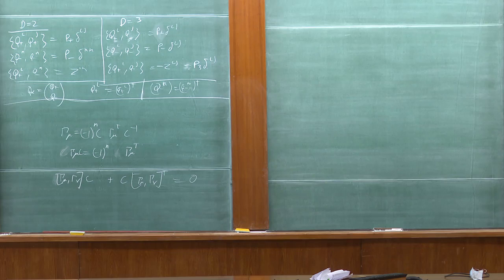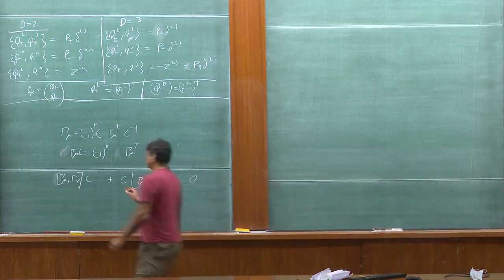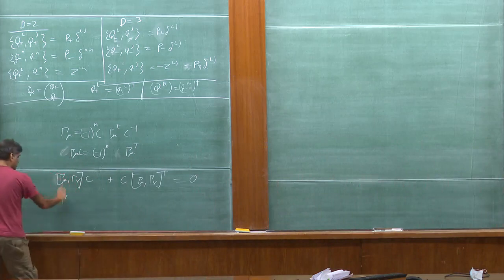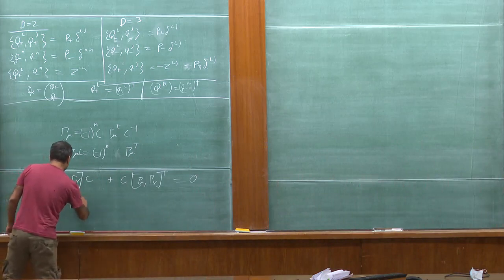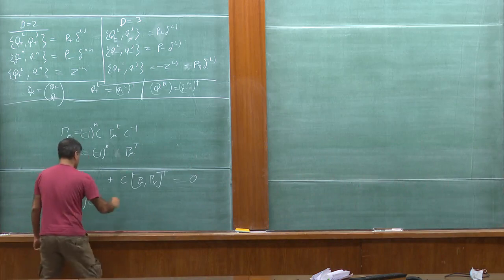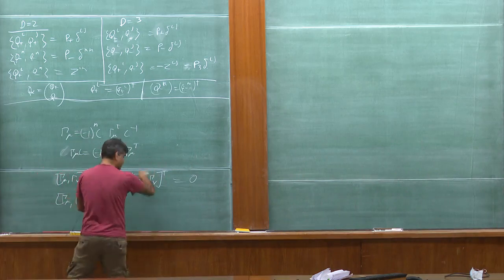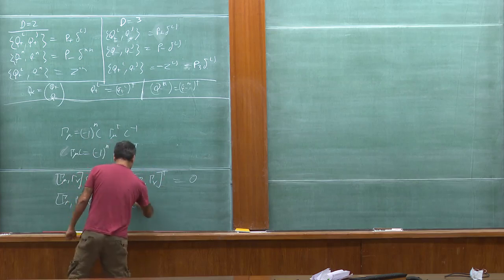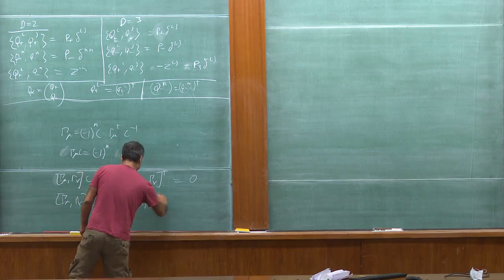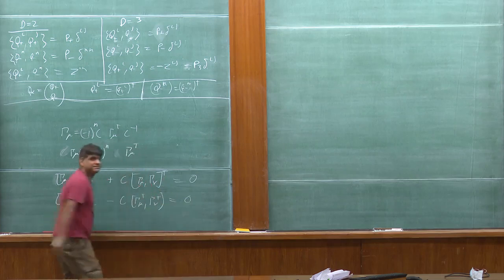Okay? Now, to show this is the same as showing that gamma mu gamma nu times C minus, because in the transposition you switch signs, C times gamma mu transpose gamma nu transpose is equal to 0.